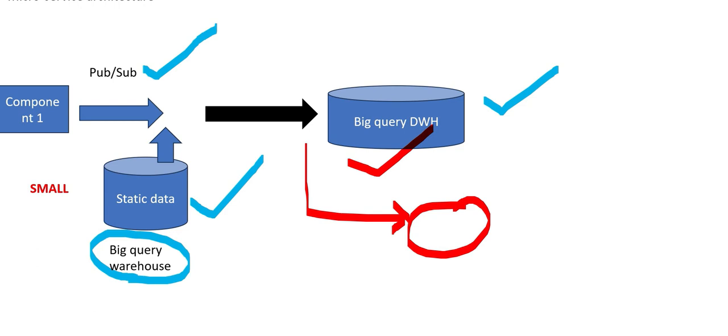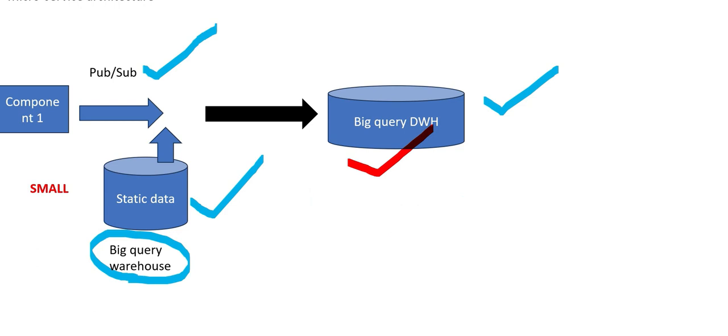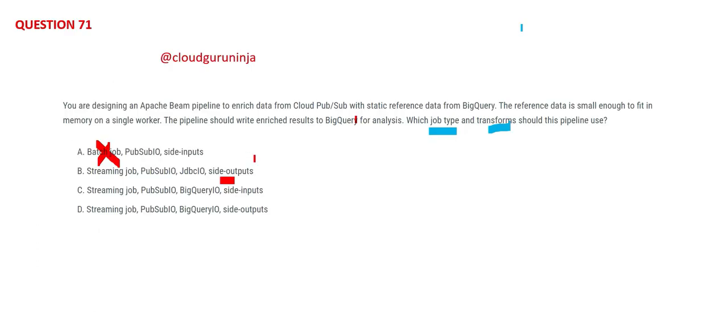Here there is no requirement such. So since we don't have that requirement, we will strike this out, side outputs and side outputs here also. These two, they have side outputs. We will strike this out.